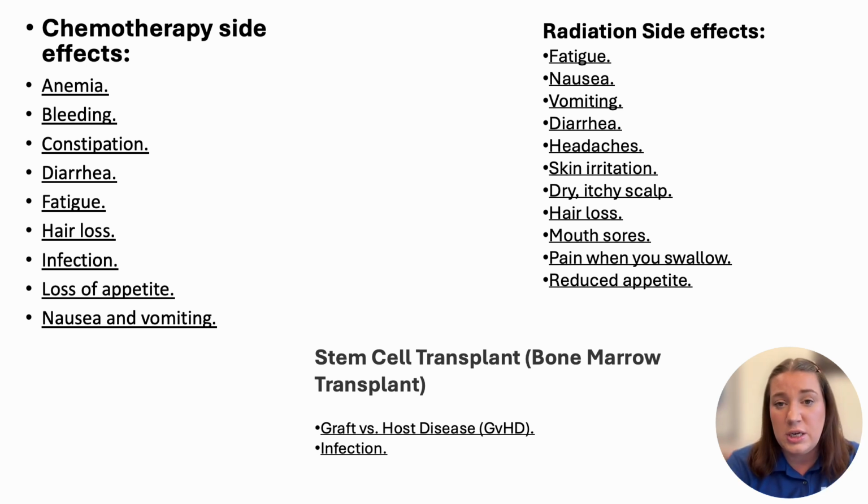For radiation, some common ones are fatigue, nausea, vomiting, diarrhea, headaches, skin irritation, dry, itchy scalp, hair loss, mouth sores, pain when you swallow, and also reduced appetite. And for stem cell transplant, the common side effect would be just infection.